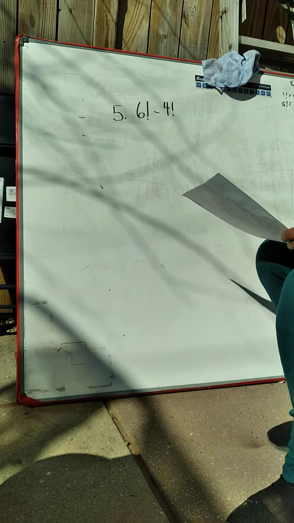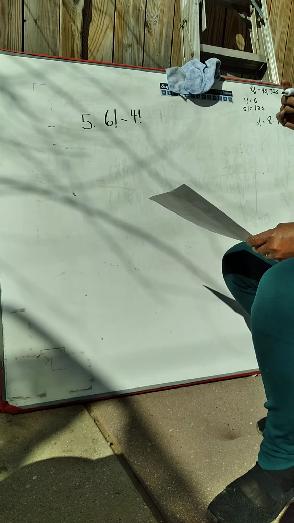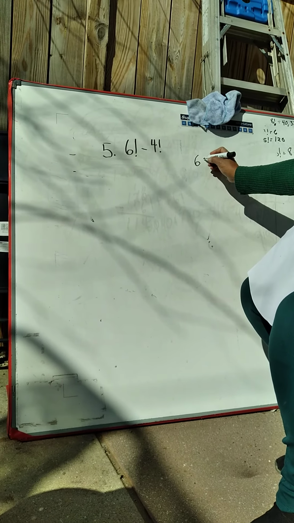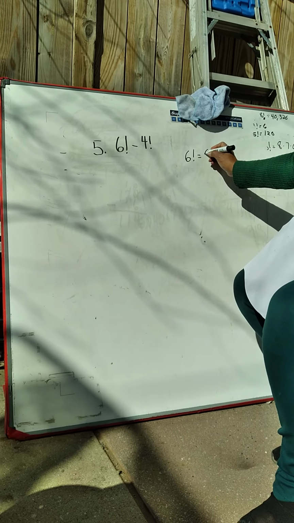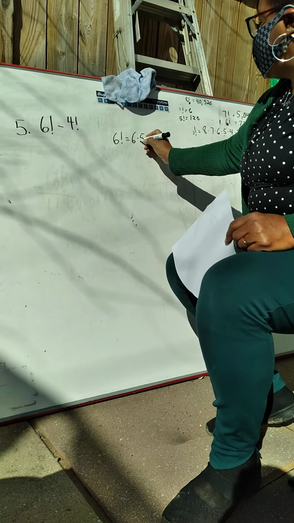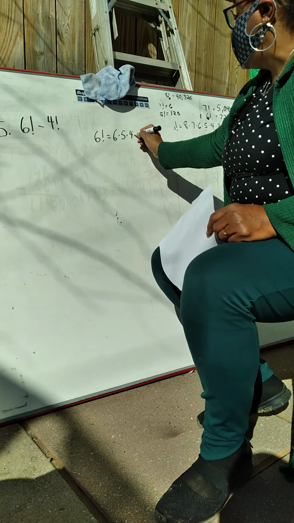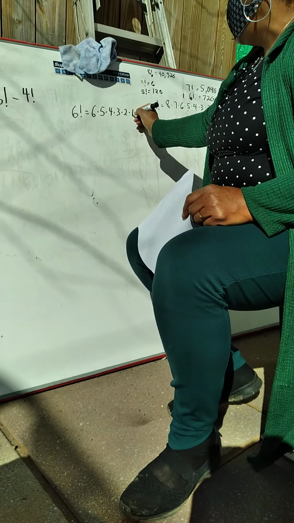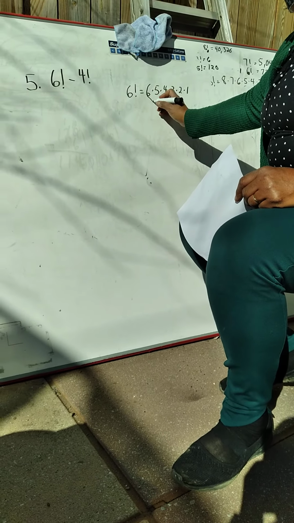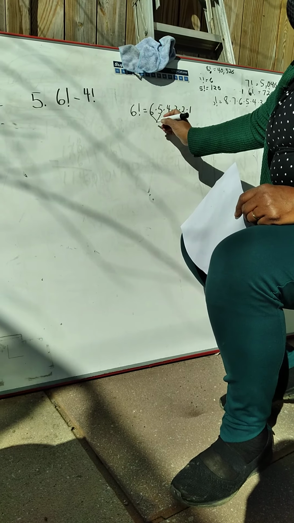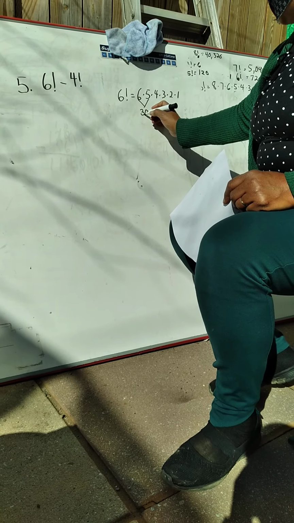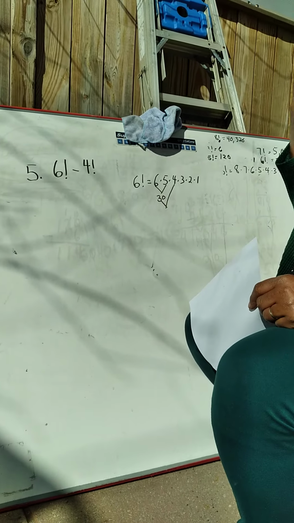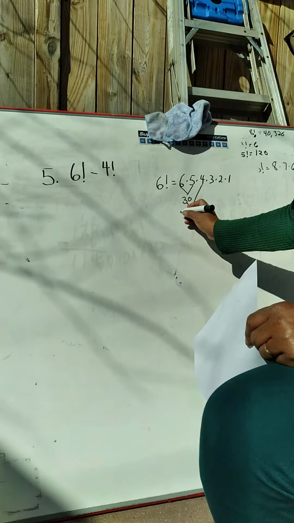We know what 6 factorial is, but we're just going to go through it again for the sake of the camera. 6 factorial is equal to 6 times 5 times 4 times 3 times 2 times 1. 6 times 5 is 30. 30 times 4 is 120.